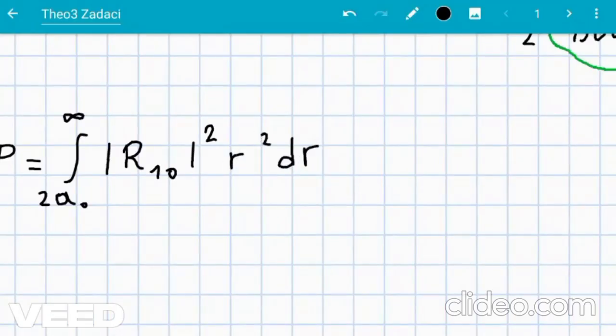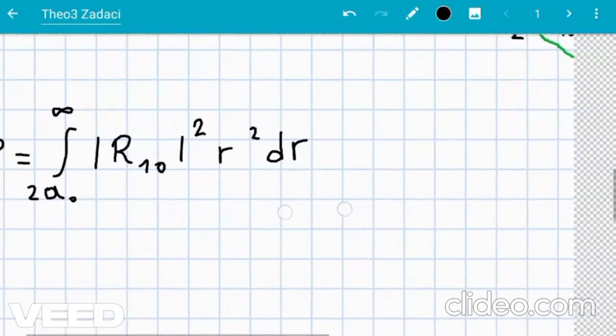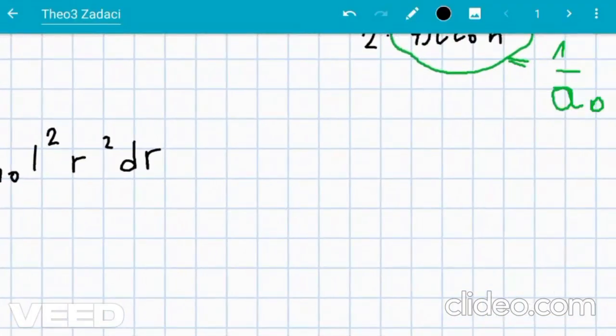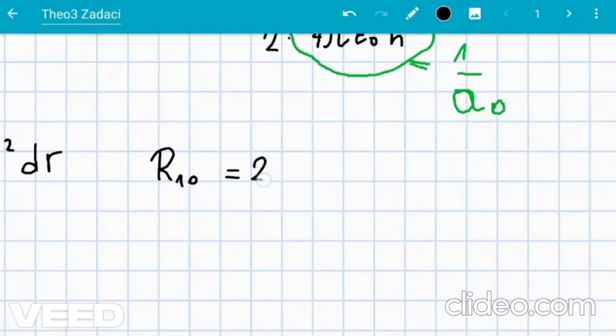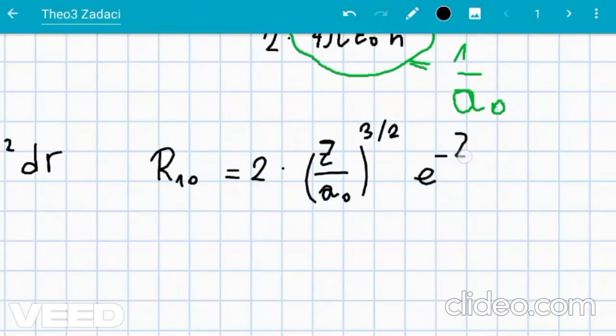That's the radial probability of finding the particle in the ground state, also a given formula: 2 times Z over a naught to the power of 3/2 times e to the minus Z r over a naught.